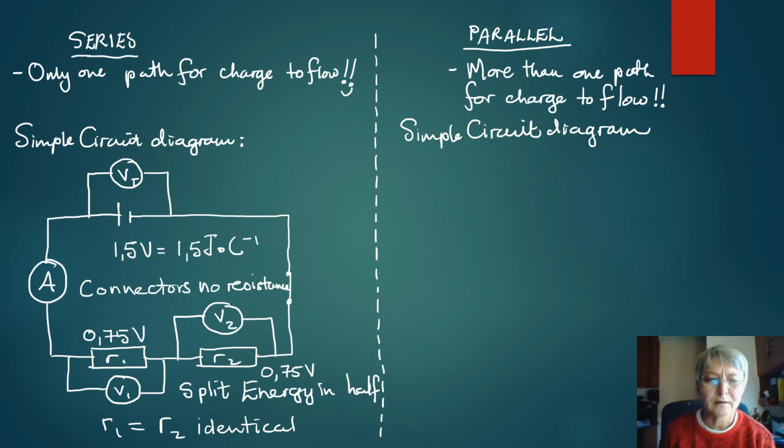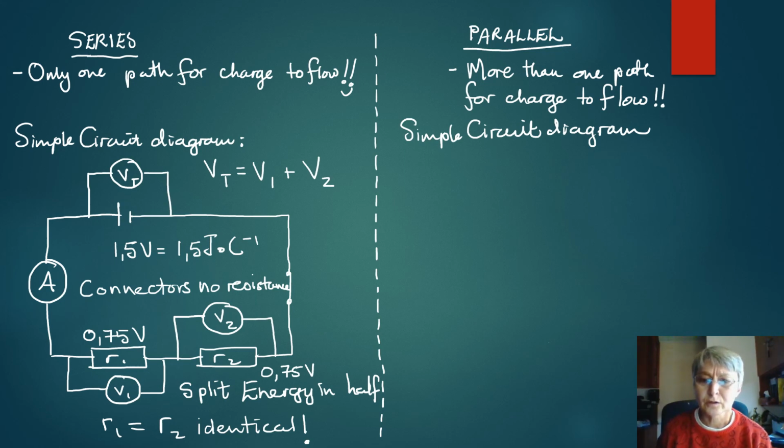So we can conclude that the total voltage in a series circuit would be the sum of the potential drops across the resistors. In my example, just to make the understanding simple, I used identical resistors, so the potential difference would split in half. It won't be the case if the resistors are not identical.